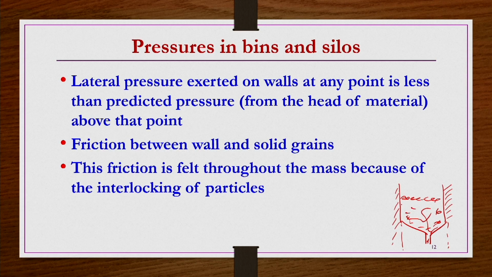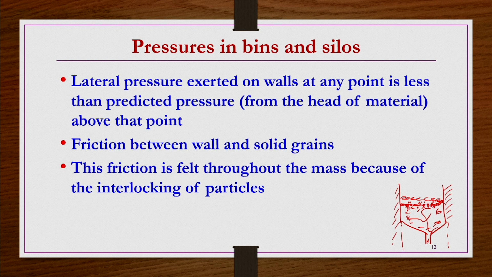You have a solid particle here, it has some friction with the wall, and this particle is again connected or attached to other particles. So there will be interlocking of the particles, and in the other direction also there may be friction between the particles and the wall. These particles are connected with the neighboring particles by interlocking.